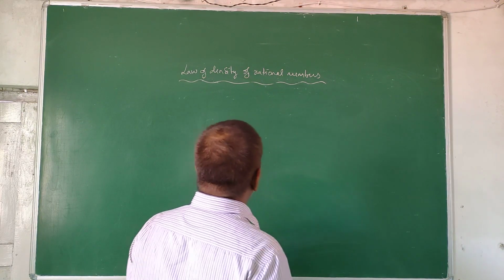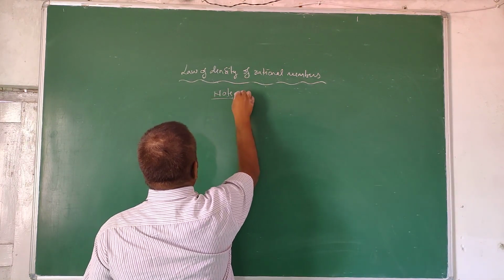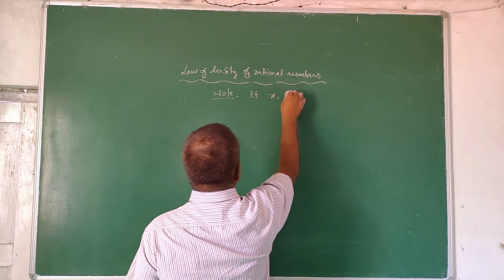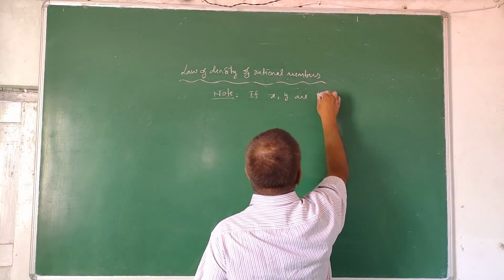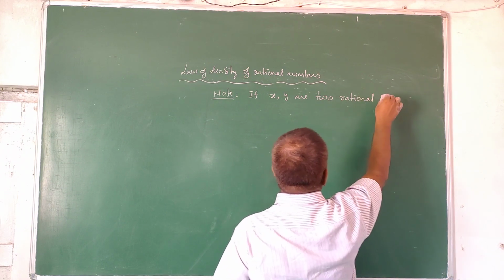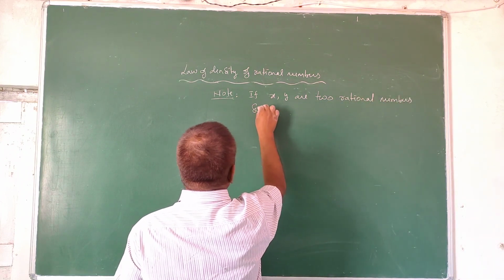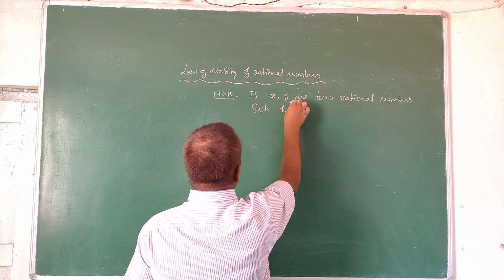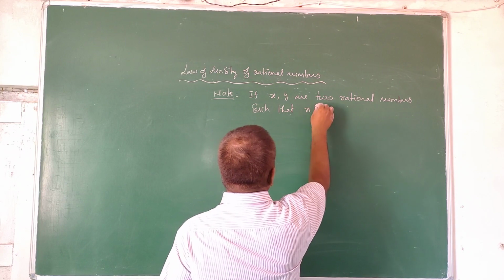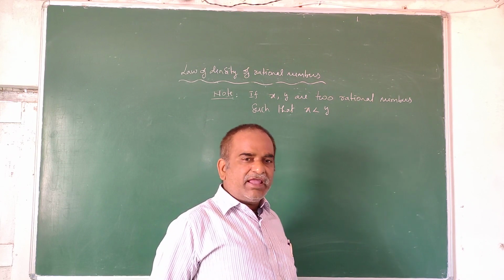So I am telling one important note, please note this down. If x and y are any two rational numbers such that x is less than y.